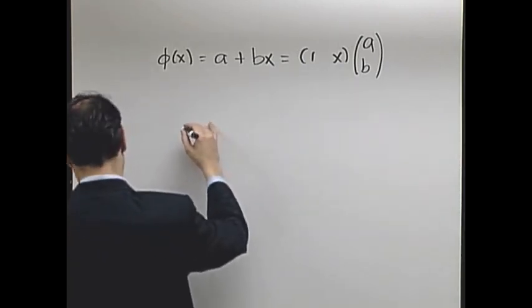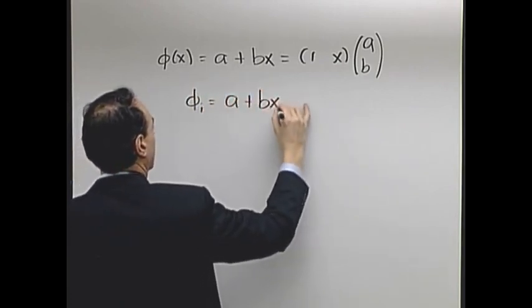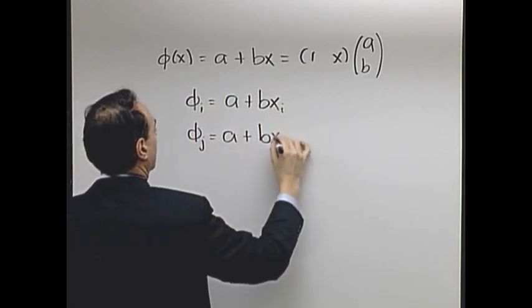So what I have then is the following. Psi of i is equal to A plus b xi. Psi of j is equal to A plus b xj.